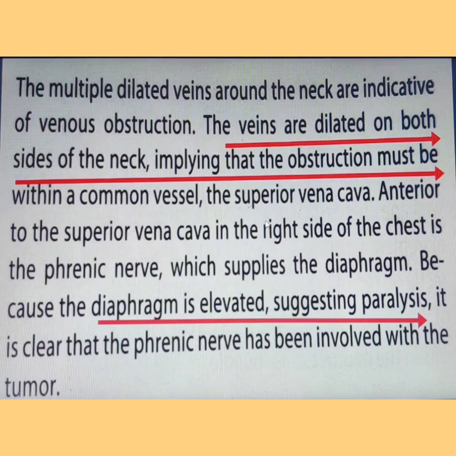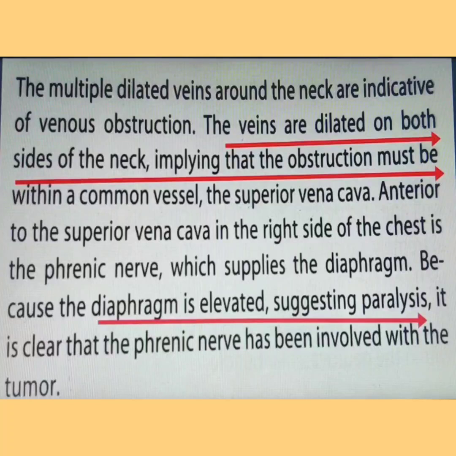Now coming back to the clinical question we started with. I told you to remember two points. One is the reason for multiple dilated veins. The other is why there is an elevated diaphragm on the right side. Now the multiple dilated veins around the neck are indicative of venous obstruction, right?